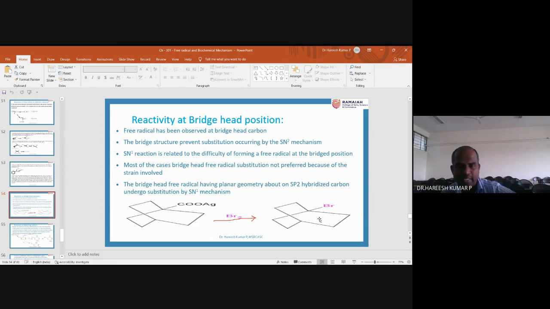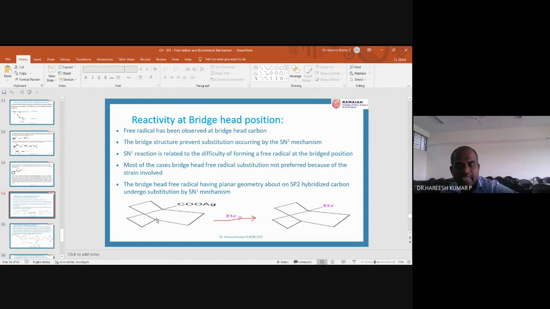It's a name reaction. So the bridge head. So normally one can frame a question on this. So write a note on reactivity at bridge head position. So there is a 5 marks question on this concept.